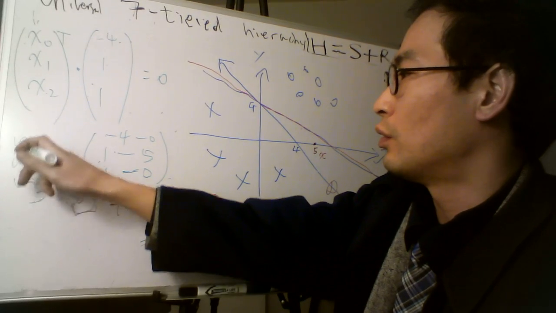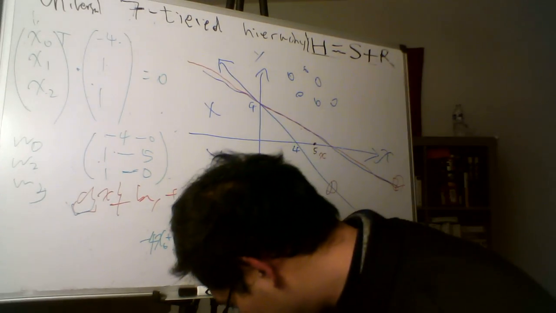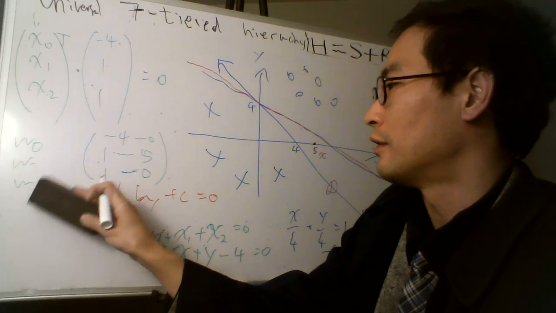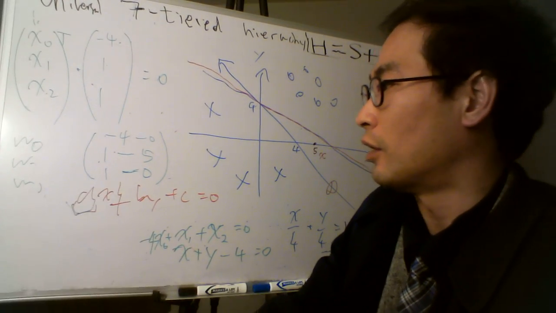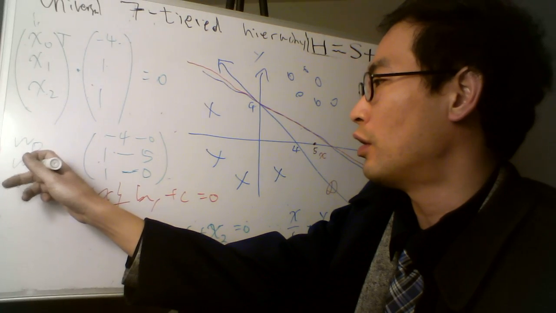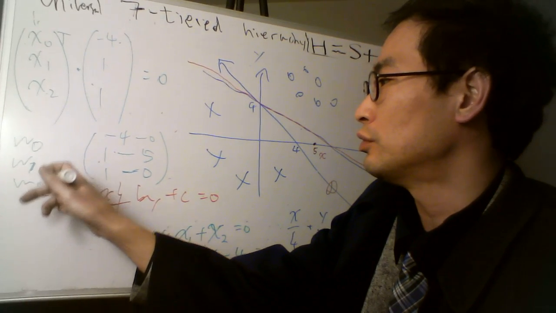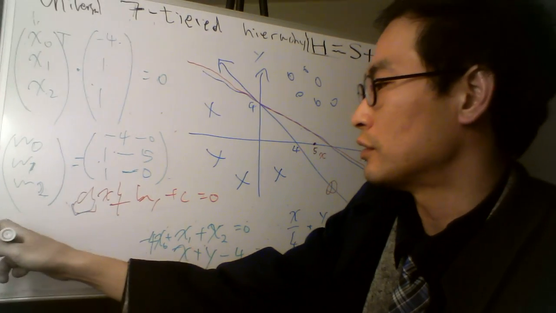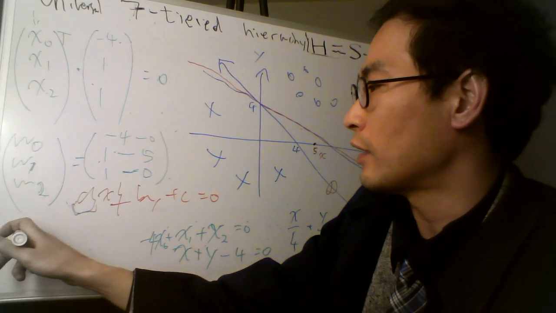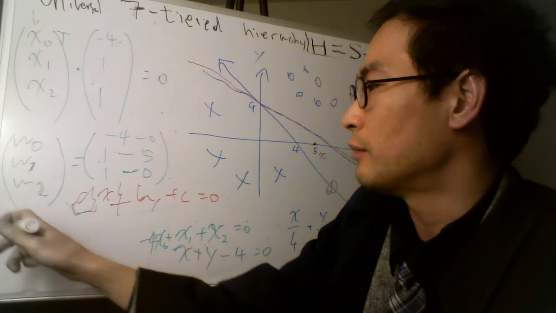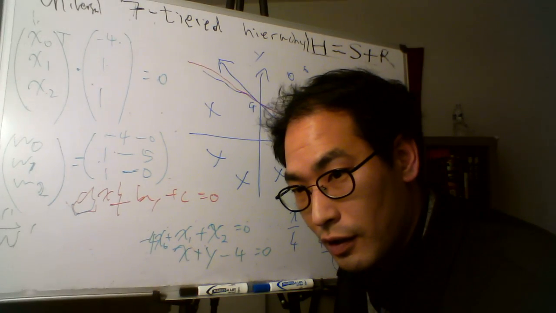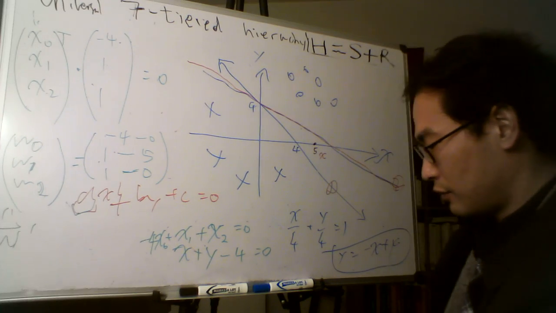This is a brand new weight vector, w0, w1, w2, which is the weight vector w prime. You cannot quite see this, can you?